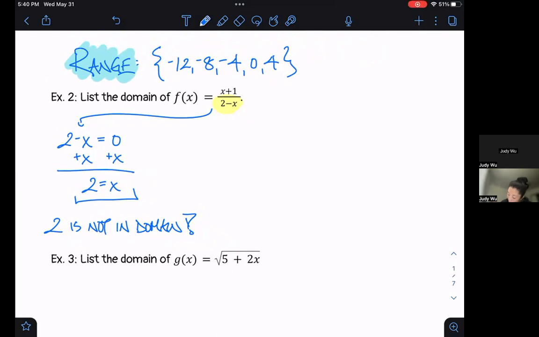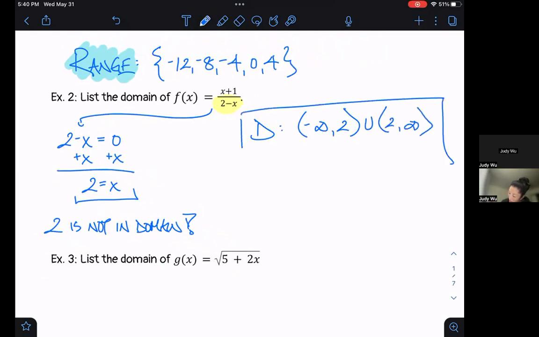And the way we write that, our domain, we say from negative infinity to 2, closed with a parenthesis, in union with 2 to infinity. All right. Now, if there was another number, we would have to have more unions so that we could break it up piece by piece, right?